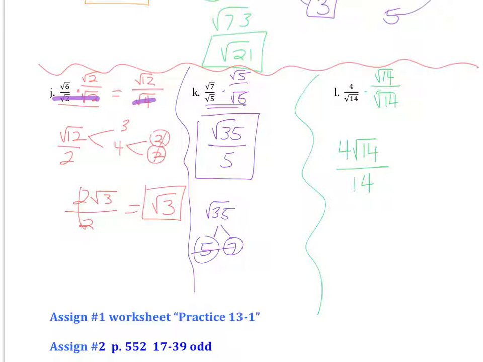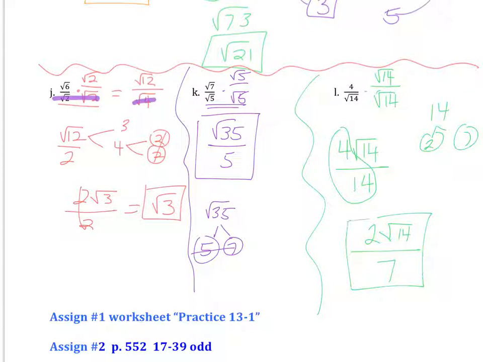I can't simplify 14 anymore because, as you see, 14 is 2 times 7. So those are both prime numbers, so it would come back underneath the square root. But I can reduce my fraction here. So 2 goes into 4 2 times. Square root of 14 stays there. And on the bottom, 2 goes into 14 7 times. So your best answer is 2 square root of 14 over 7.